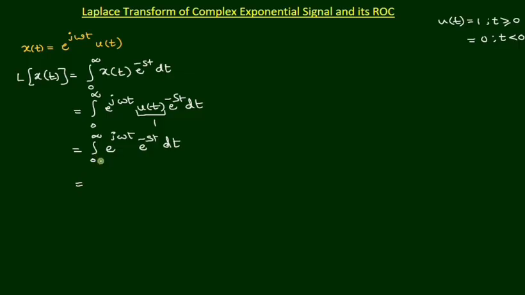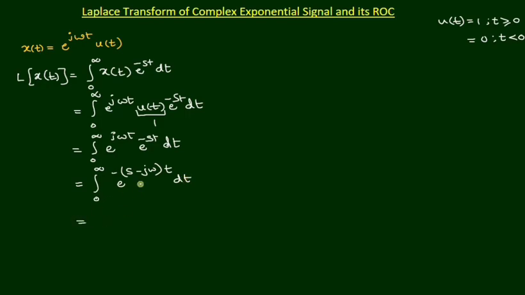Now we further simplify this expression, the integral 0 to infinity. This function becomes the exponential of minus of s minus j omega t dt.